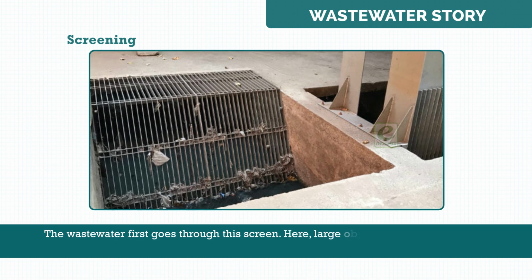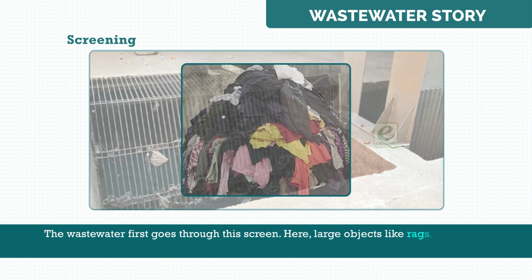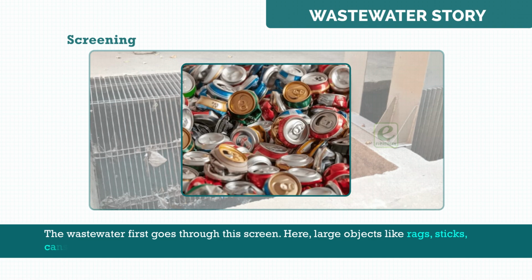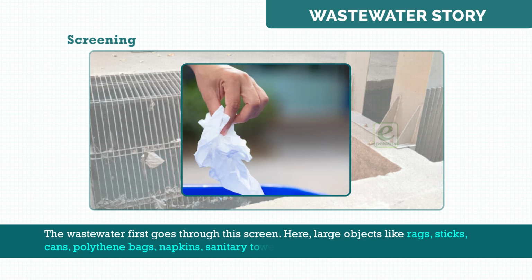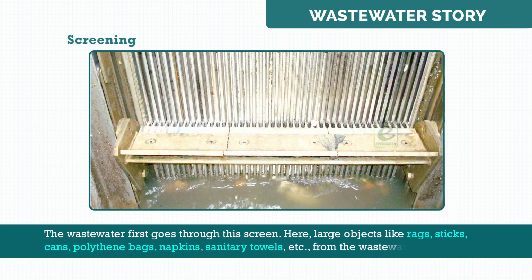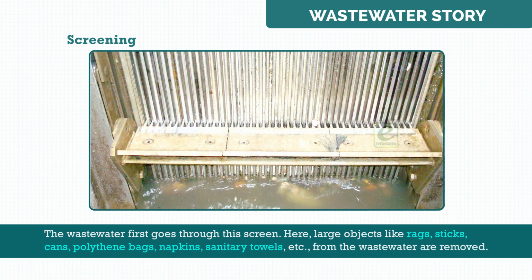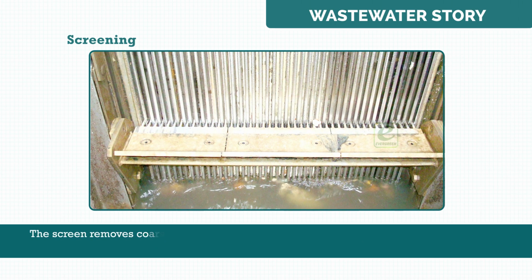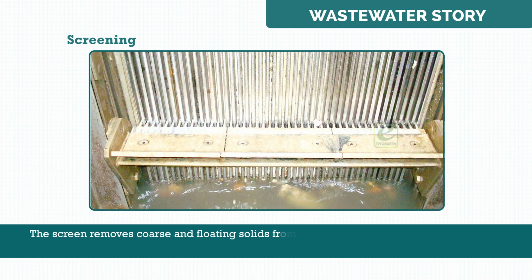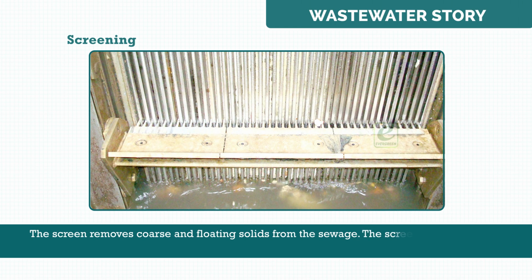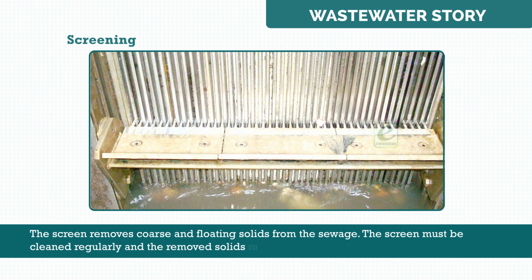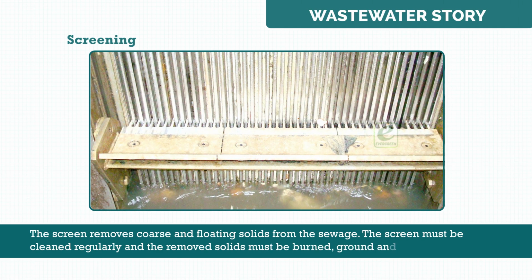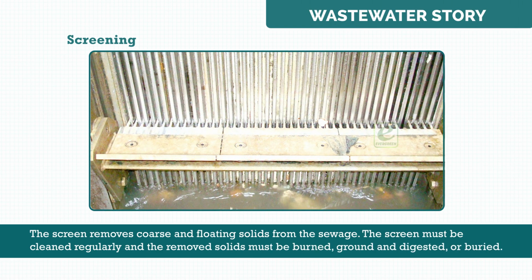Here, large objects like rags, sticks, cans, polythene bags, napkins, sanitary towels, etc. are removed from the wastewater. The screen removes coarse and floating solids from the sewage. The screen must be cleaned regularly, and the removed solids must be burnt, ground, and digested or buried.